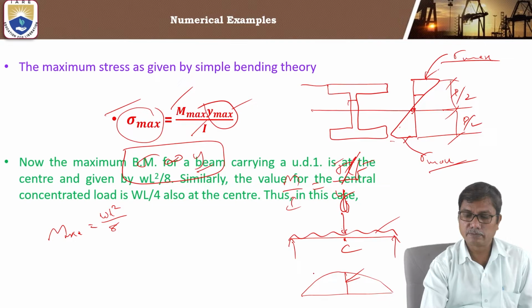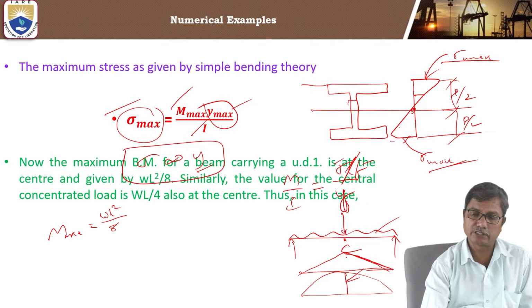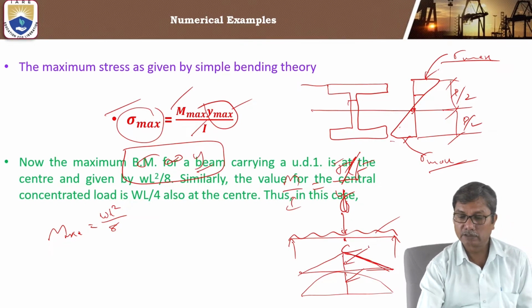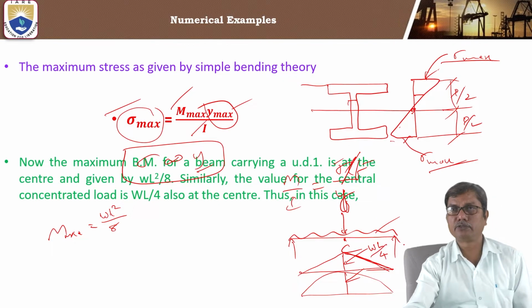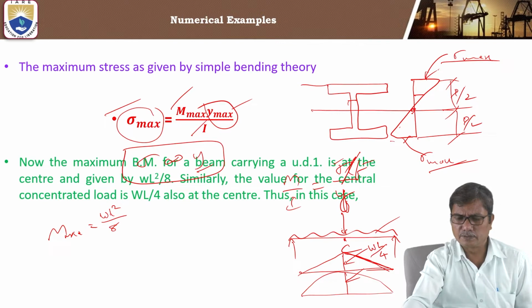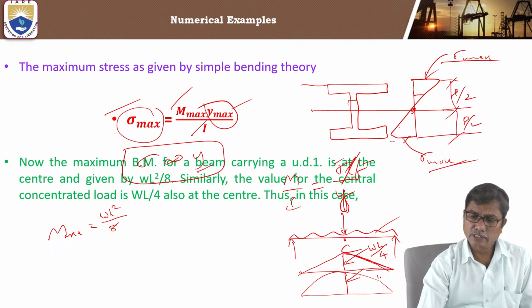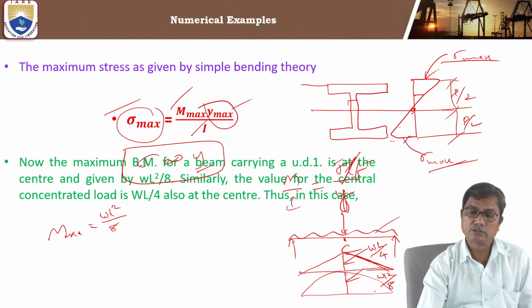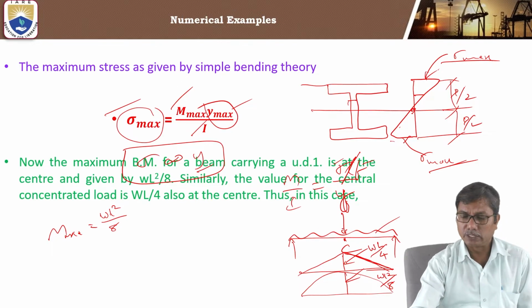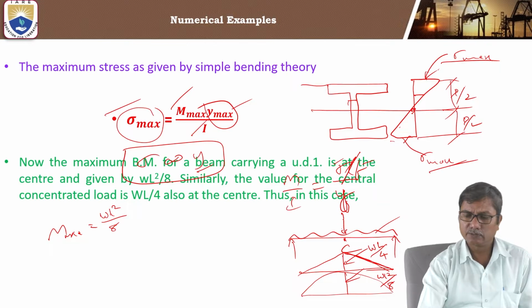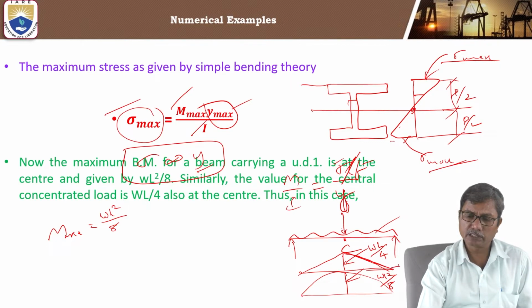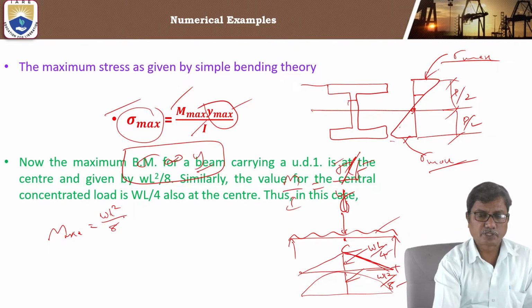And due to the point load, the maximum bending moment occurs again under the load, which is at the center, and it is WL by 4. So due to combined loading, that is UDL and point load, the bending moment is WL square by 8 plus WL by 4.